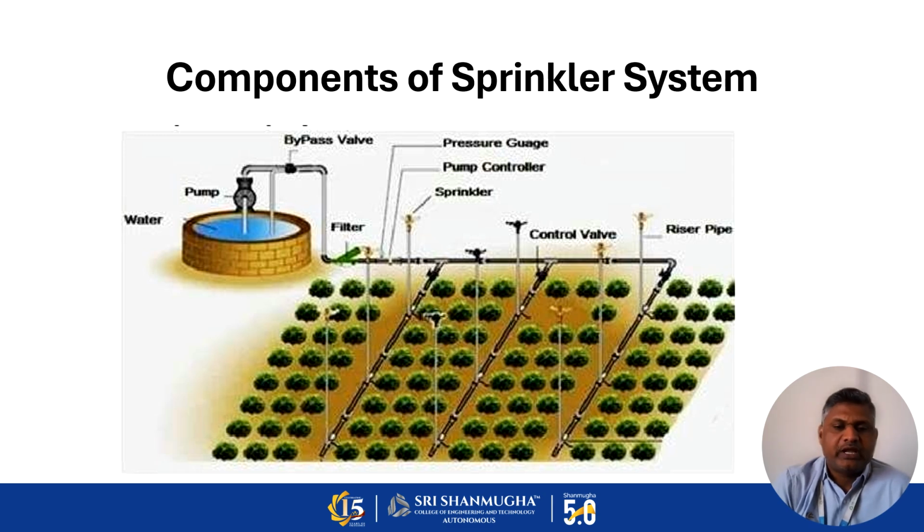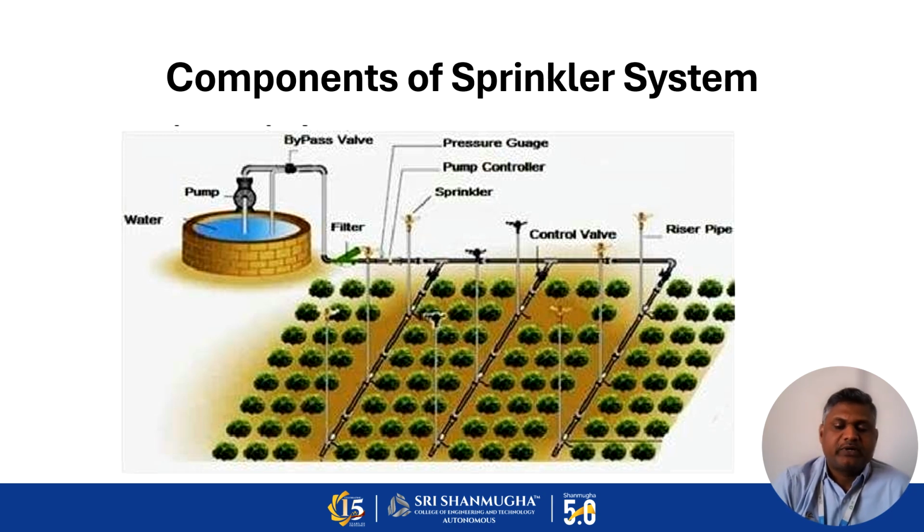This type of secondary filter will filter the minute chemical particles, so that clogging of the sprinkler nozzle is prevented. Then the main line, sub-main line, riser valve, and sprinkler nozzles are installed.